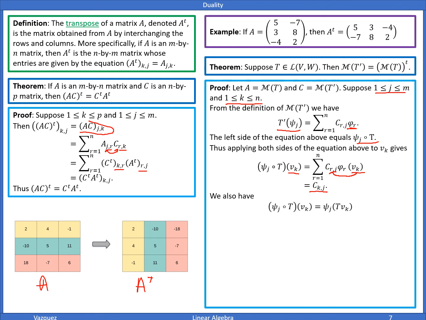We also have that phi sub j of T of vk is just equal to this here, which is equal to, again, we're just rewriting this, remember the linear maps as matrices, which is this here.